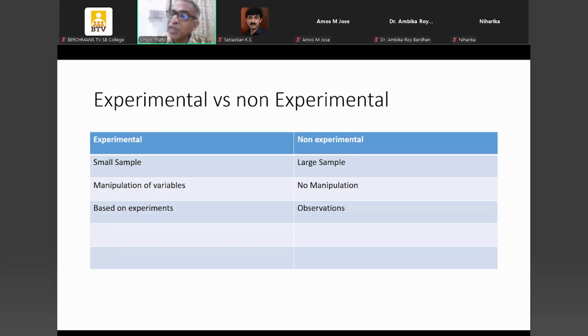If you're just looking at the observation and comparing without keeping the intervening variables constant, then you're doing a non-experimental method. So you should decide whether your research is experimental or non-experimental or quasi-experimental. Quasi means it is semi-experimental. That means you're keeping them under control, but that control might not be 100% perfected control. So in that it is quasi-experimental.